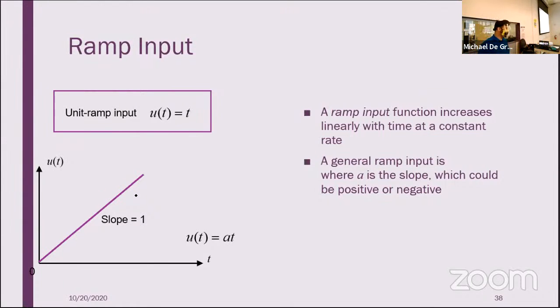In general, the ramp is u of t equal to a times t, where a is the slope. It can be positive, it can be negative, in any direction.